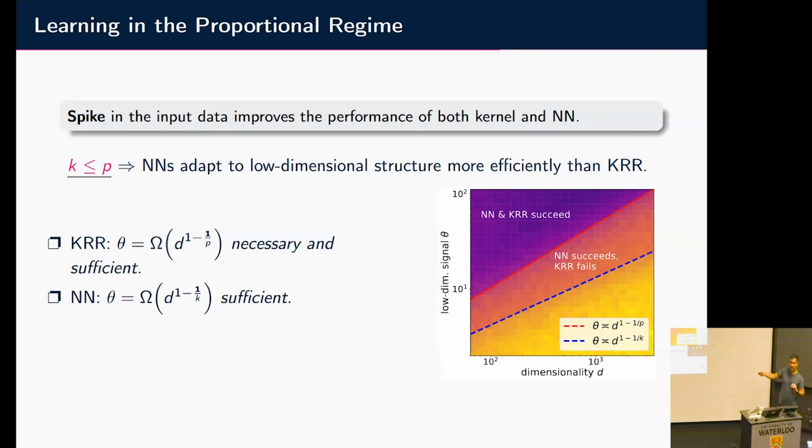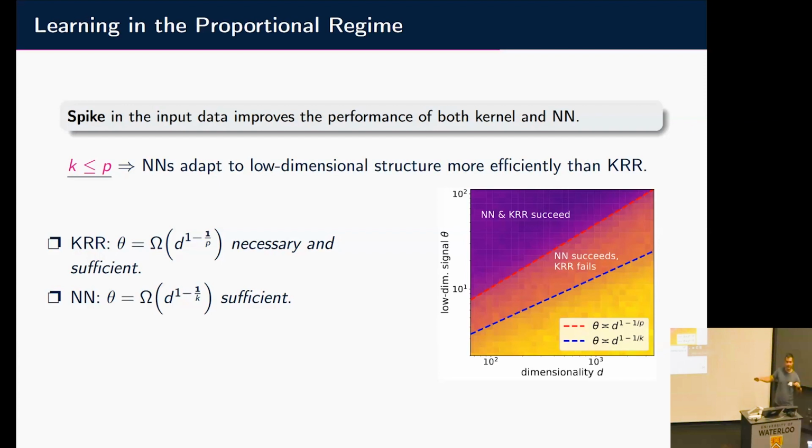Since the information exponent is always smaller than or equal to P, the polynomial degree, we have the following plot. The x-axis is the dimensionality, and the y-axis is the signal magnitude theta. One of these results is negative, the other positive. Together they say there is a regime where neural networks and kernel ridge regression both succeed.